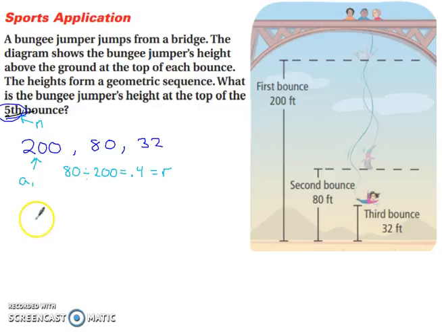So let's fill it in. So we have a sub 5 equals 200, that's our starting point, times 0.4 to the 5 minus 1. And when we simplify, we end up with 5.12. So the height of the 5th bounce is 5.12 feet.